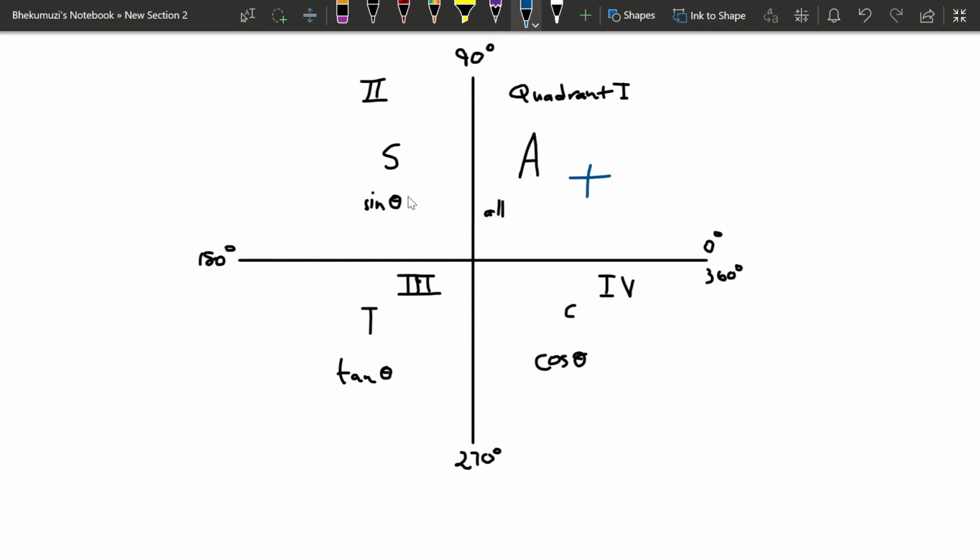When you get to the second quadrant, with an angle between 90 and 180 degrees, only sine is positive and everything else is negative. In the third quadrant only tan is positive, and in the fourth quadrant only cos is positive. That's a very important key thing you should understand by now.